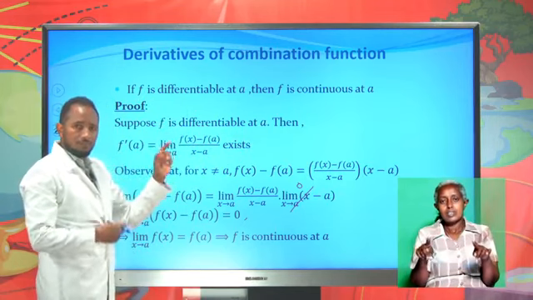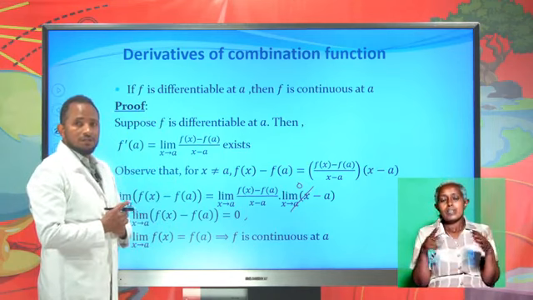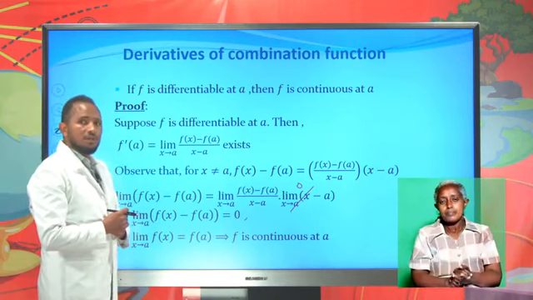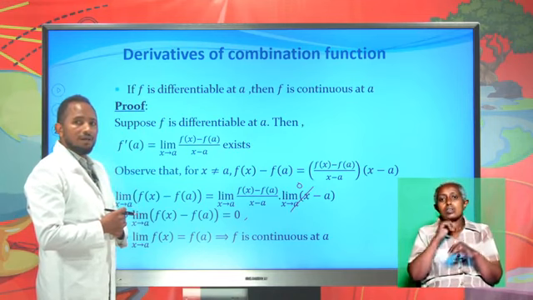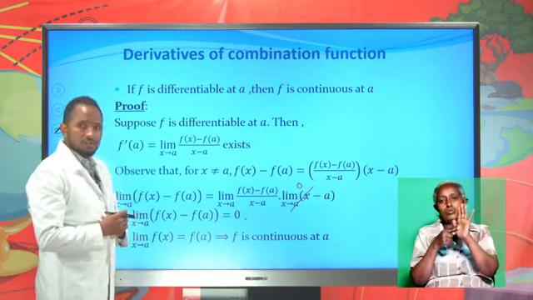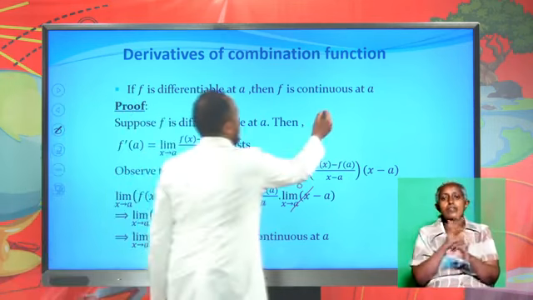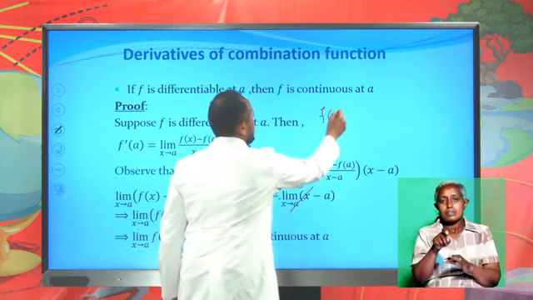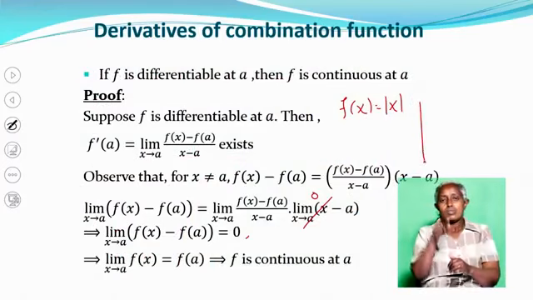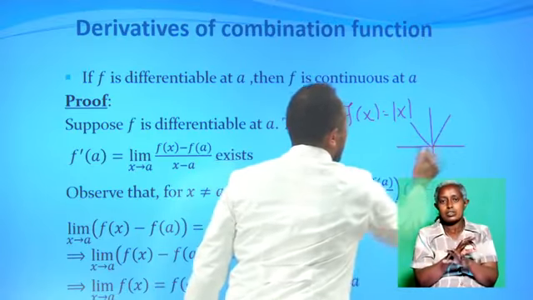Differentiability implies continuity. But the converse is not true. Continuity does not imply differentiability. I can just show you this through an example. If you take a function f of x equal to the absolute value of x, the graph of this function is like this.